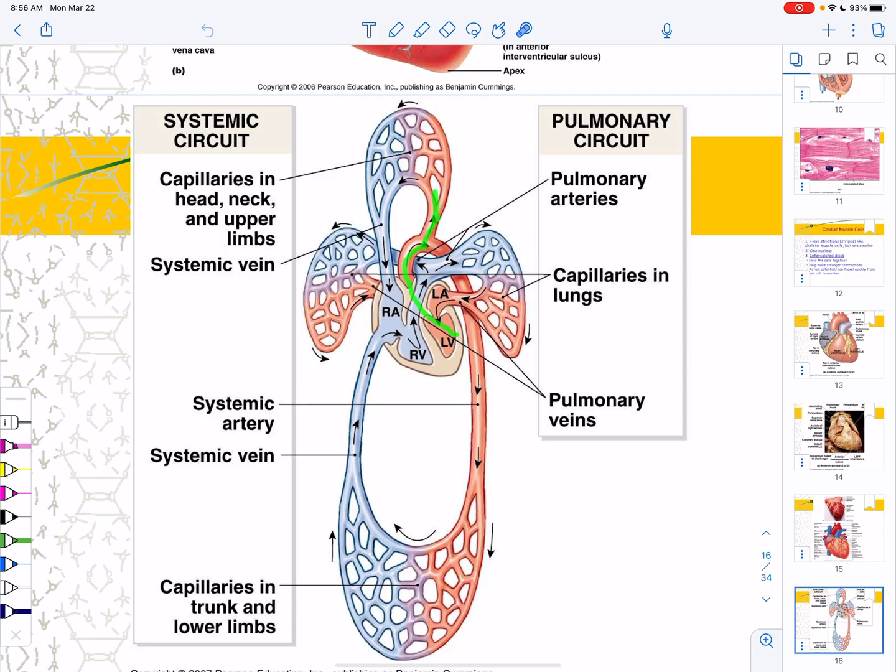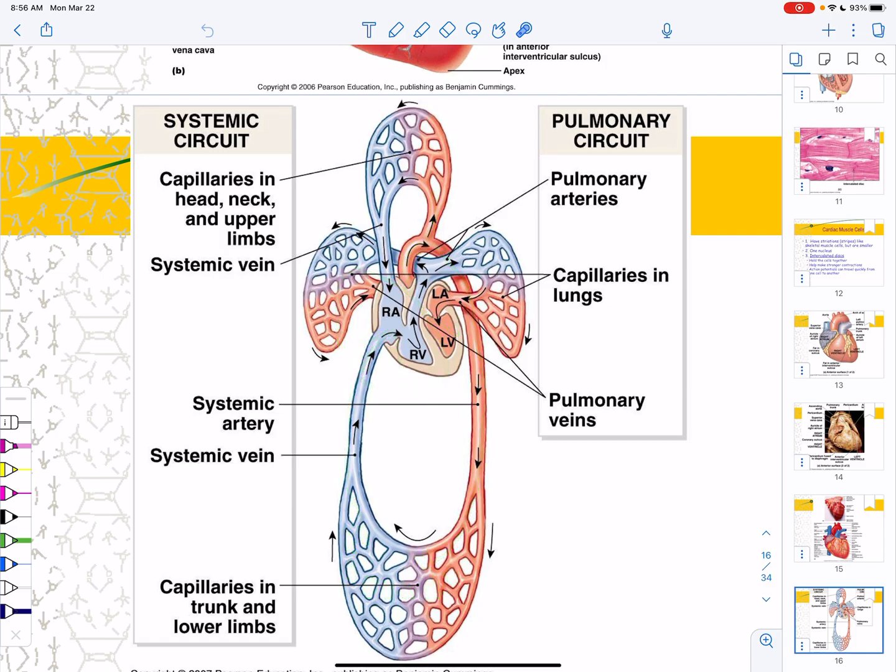Some of it will go towards the head, some of it will go towards the body. The oxygen, nutrients, and so forth will be deposited in the capillary beds. In the capillary beds, the capillaries will pick up any carbon dioxide and waste products that need to be filtered, and then it goes back to the right side.